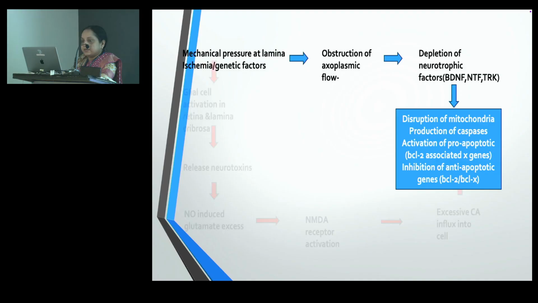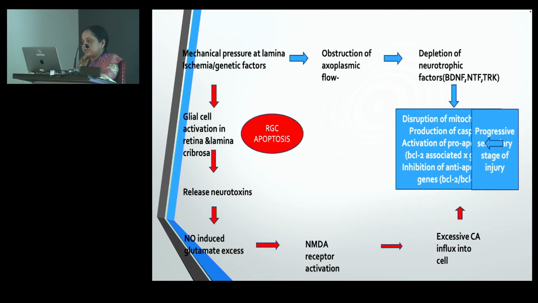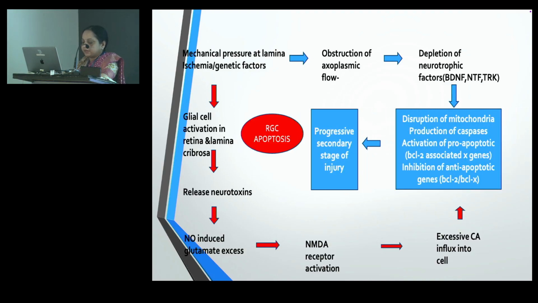Otherwise there is glial cell activation in the retina and lamina cribrosa, which causes release of neurotoxins, and there is excess glutamate which leads to NMDA receptor activation, and excess inflow of calcium into the cell leading to disruption of the mitochondria and production of caspases, which leads to retinal ganglion cell apoptosis, and there is a neighbor-killing effect resulting in secondary damage to the other retinal ganglion cells.